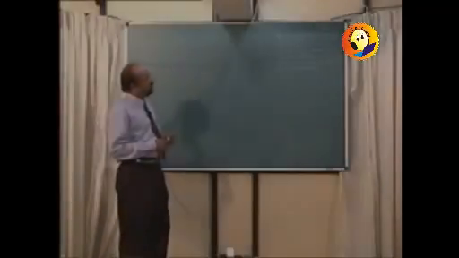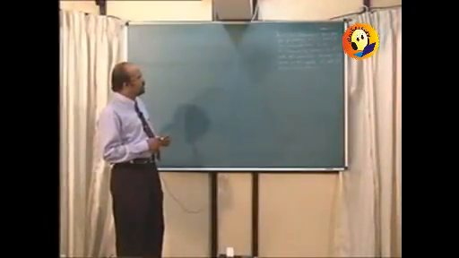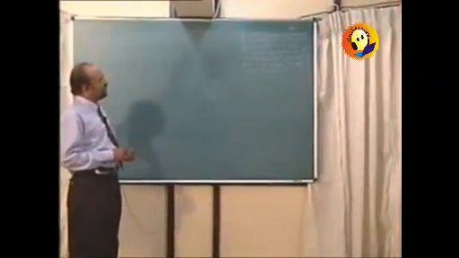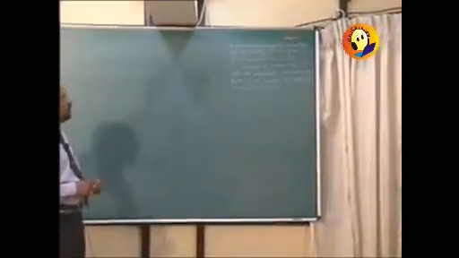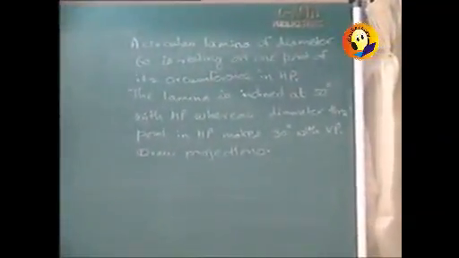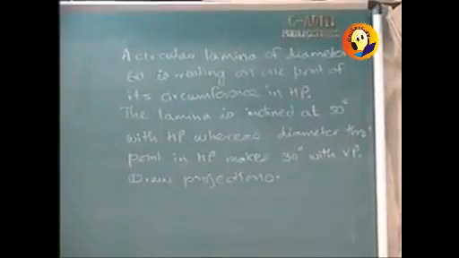A circular lamina of diameter 60 is resting on one point of its circumference in HP. The lamina is inclined at 50 degrees with HP, whereas the diameter through the point in HP is making 30 degrees with VP.